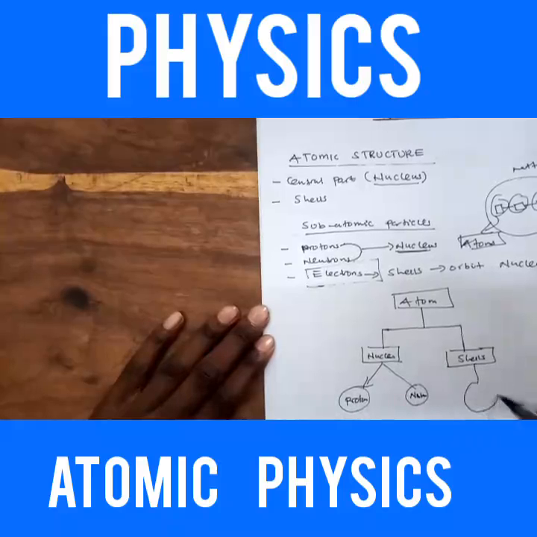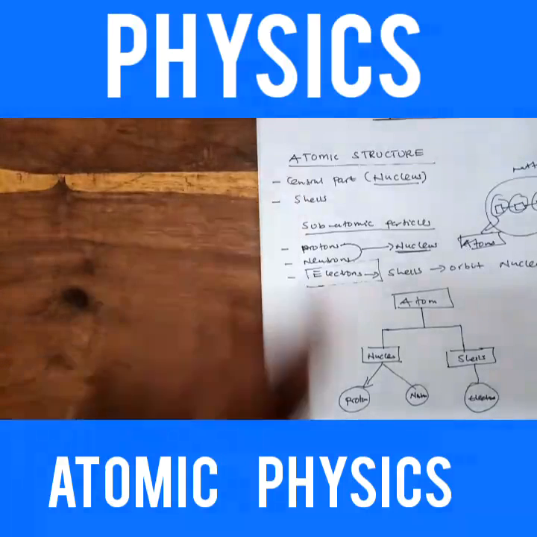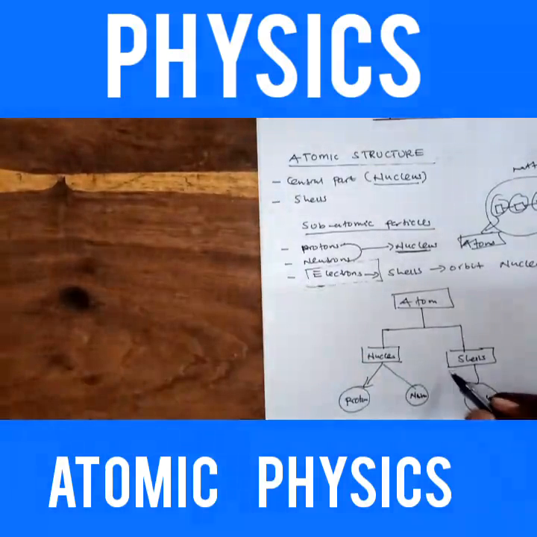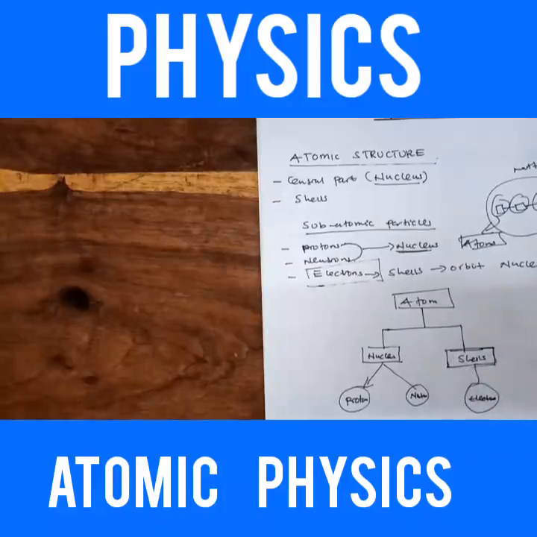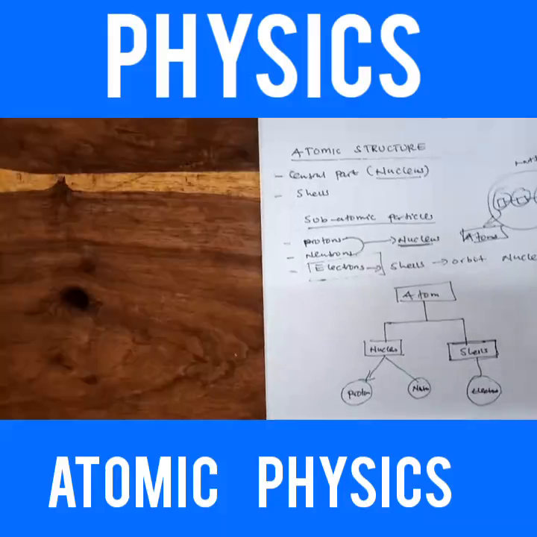Within the shells, there are things that move around, and these are none other than the electrons. So these are the things that you need to look at when you talk about the structure of an atom. You need to know that an atom has the central part called the nucleus. It has what surrounds the nucleus, the shells. It has the protons and the neutrons, which are found within the nucleus. Then around the nucleus, we have some particles that orbit it, which are the electrons.